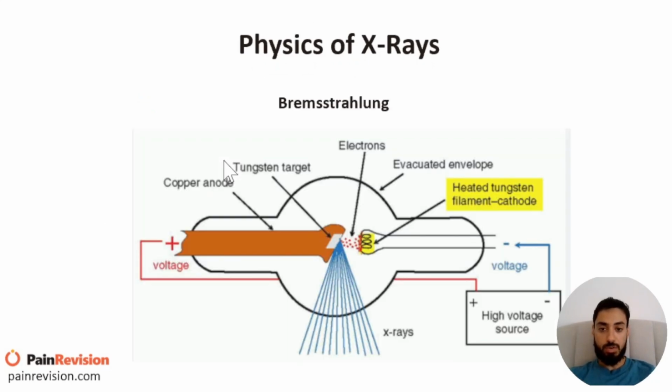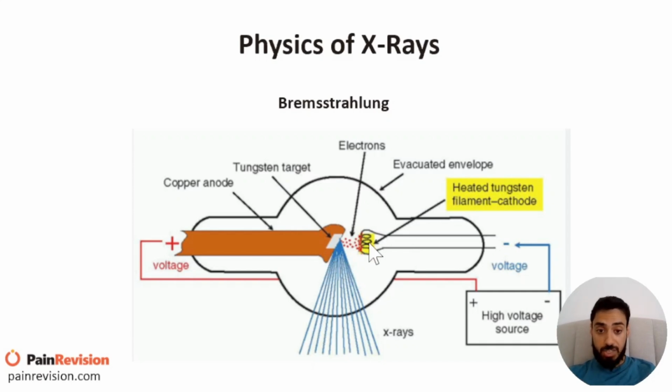And so if you remember from a previous slide, we've got a source of electricity here that heats up the cathode. The cathode causes release of electrons at high speed. Some of these electrons are gonna orbit around the tungsten atoms, decelerate, and then that deceleration is going to cause the release of X-rays.